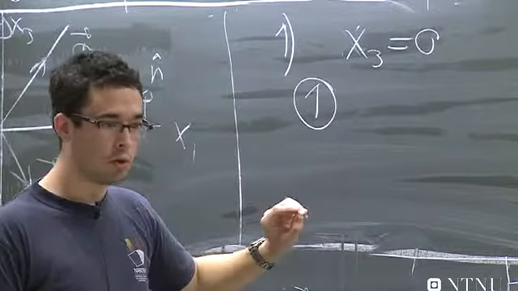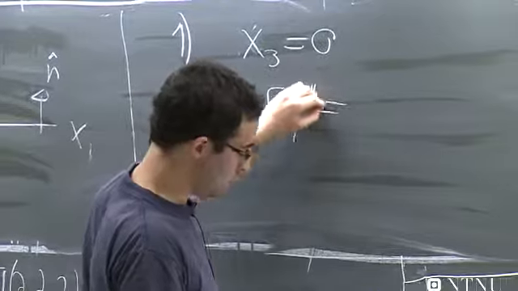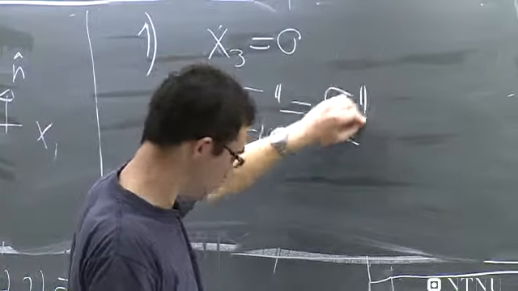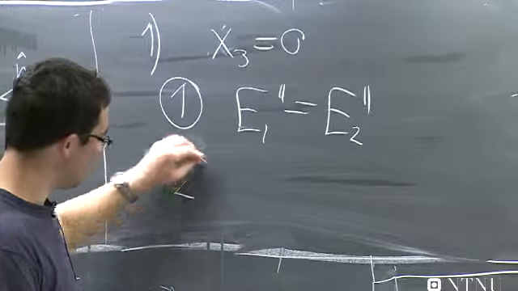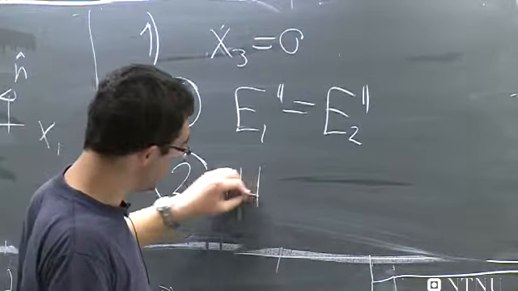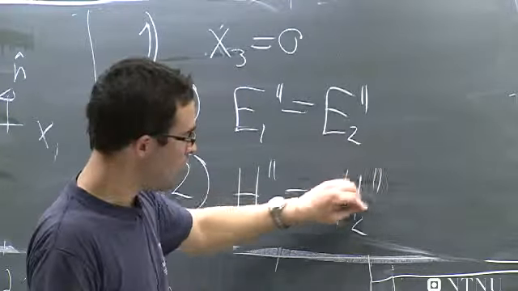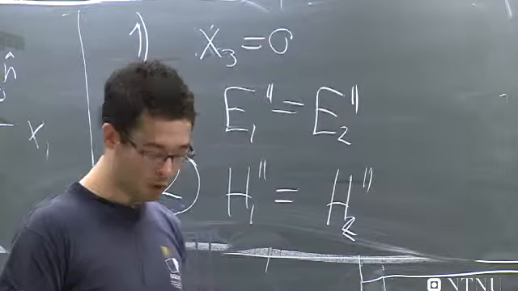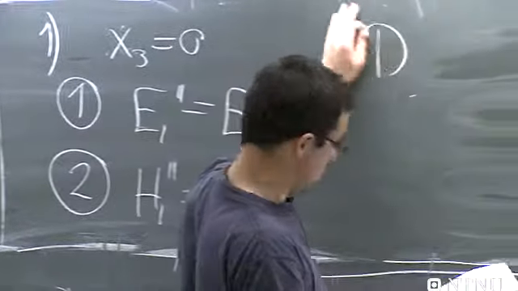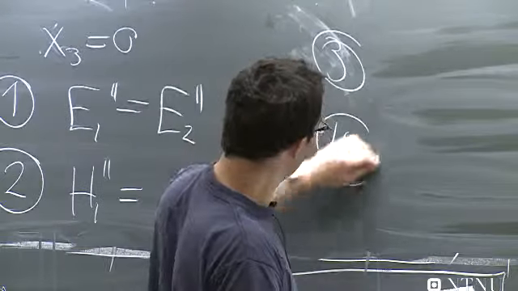Then from Gauss's law, I have that E1 parallel is equal to E2 parallel. No, that was from Faraday's maybe. Okay, anyway, it follows from the Maxwell equations at least. H1 parallel is equal to H2 parallel. And the vertical components, let's see, that's 3, 4.